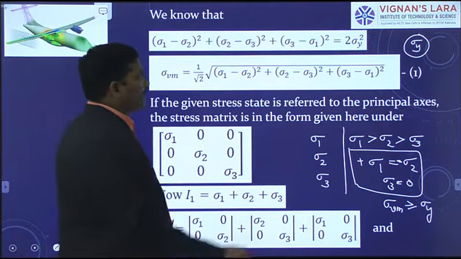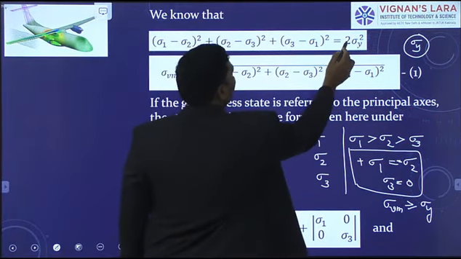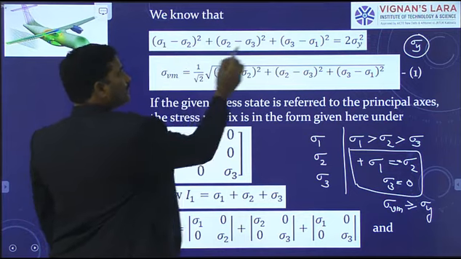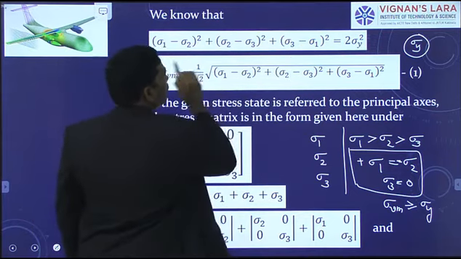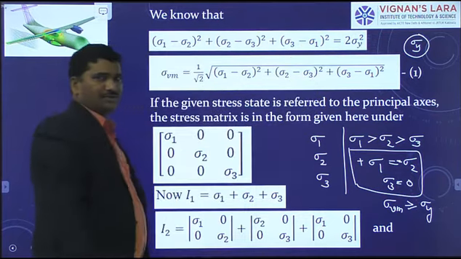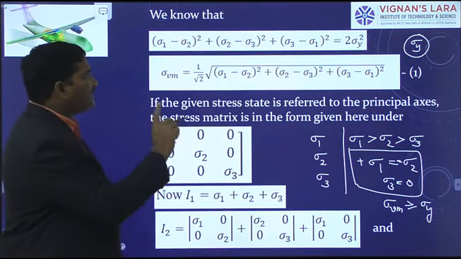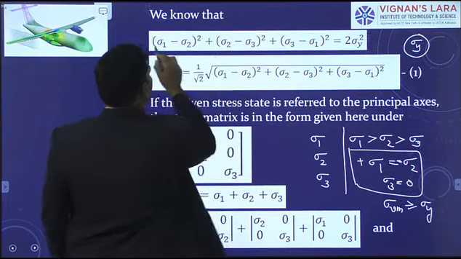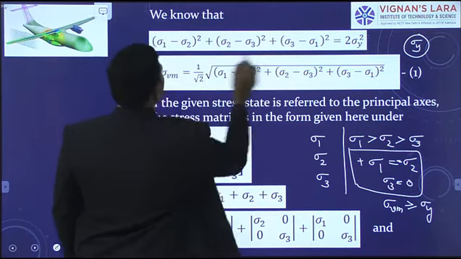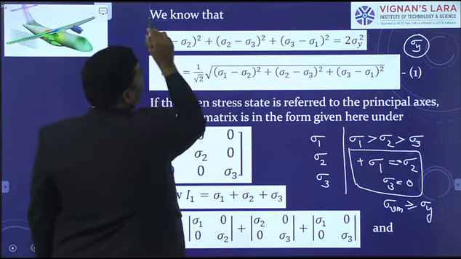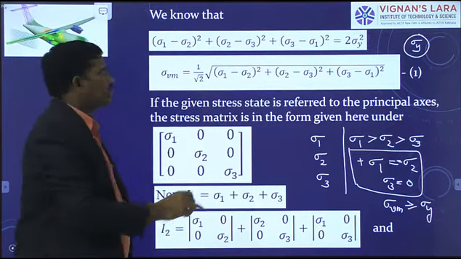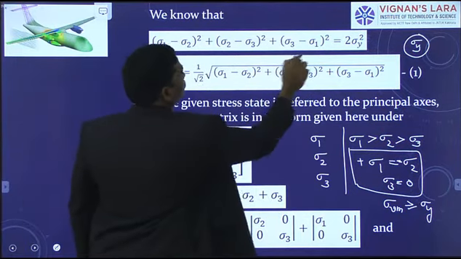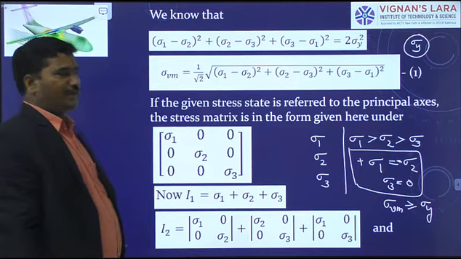This is the reason why. What I do is, I take this 2 to the left hand side. Therefore, this by 2 equals sigma y square. Then you determine sigma y: under root, the square root of this by 2 you get for sigma y.